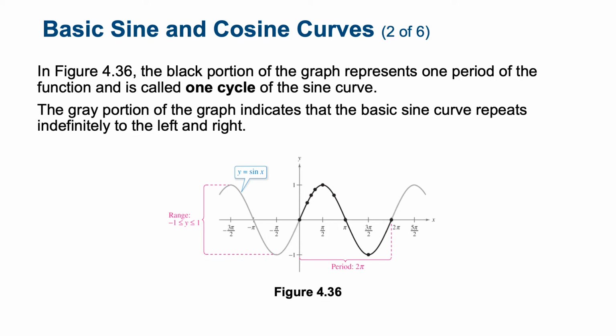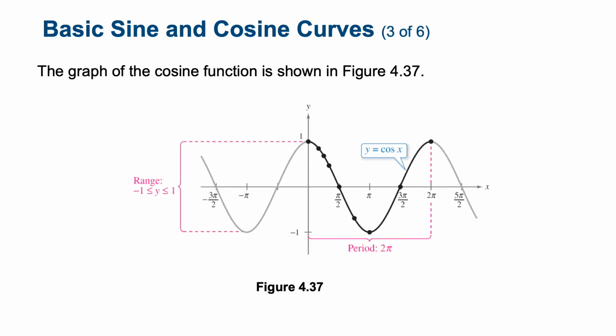Usually when we begin to study sine and cosine, we zero in on one of the periods and talk about all the parts of it. Now cosine is very similar to sine, except it doesn't begin at 0, 0. It begins at 1, comes back down, and reaches 0 at pi over 2. It goes down to negative 1 at pi, so cosine of pi is negative 1, and cosine of 0 is 1.